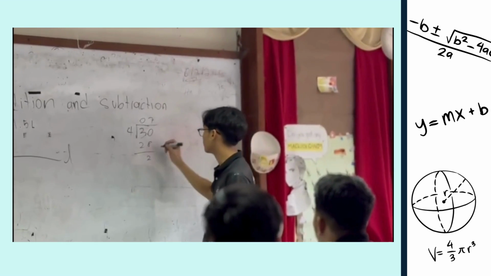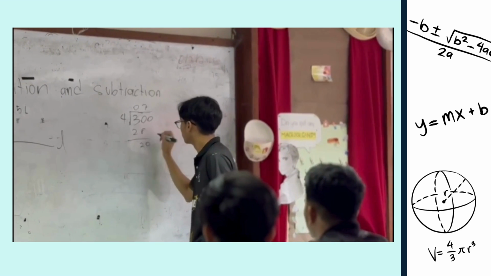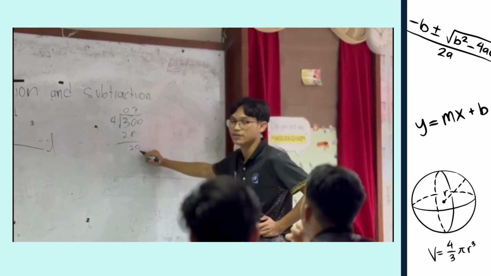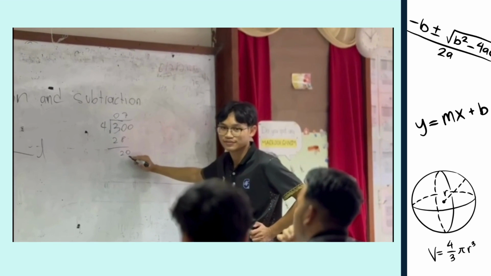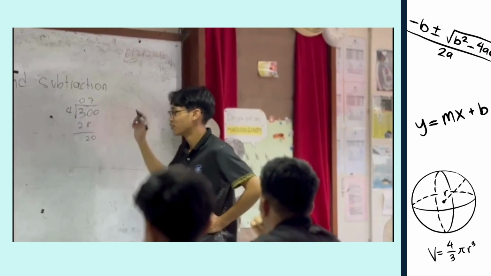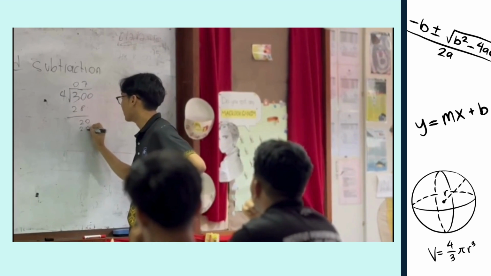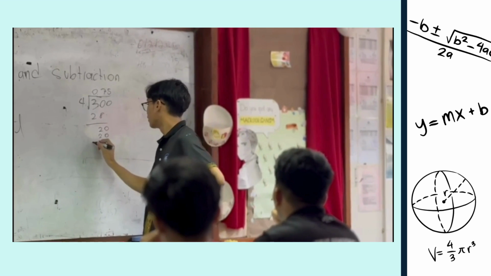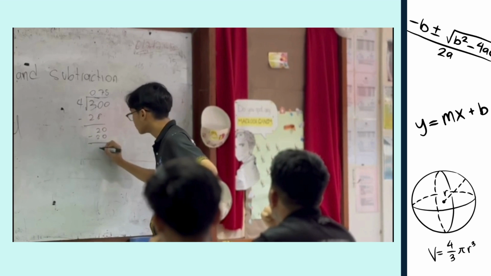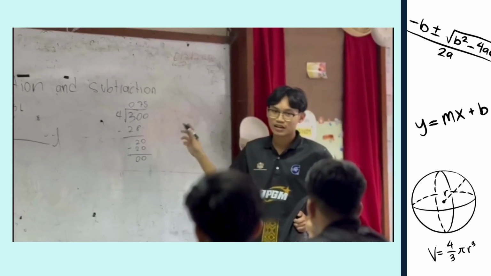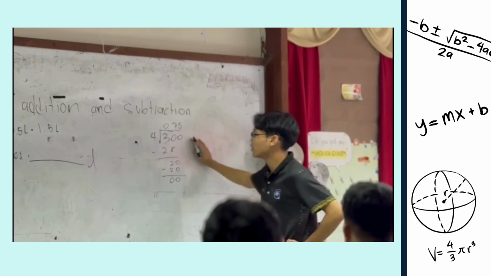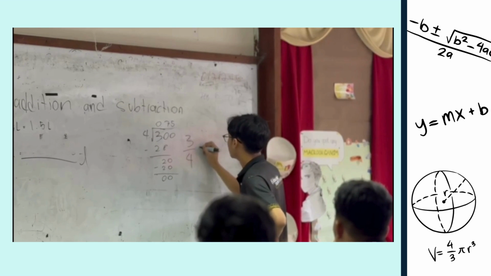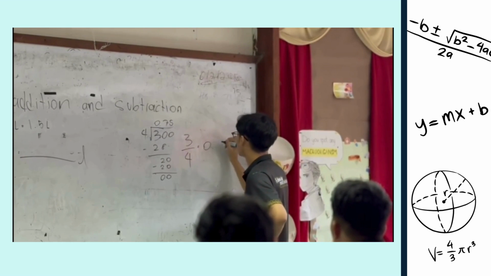Still no, so we add more 0. What is the closest number to 20? 5, since 4 times 5 is 20. Then we get 0. So we solved this division. 3 over 4 is equal to 0.75.